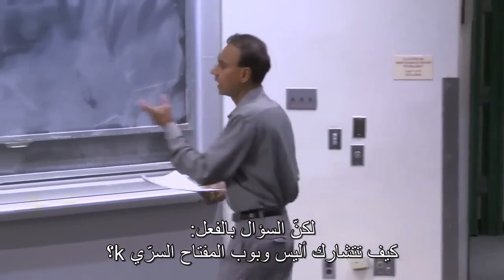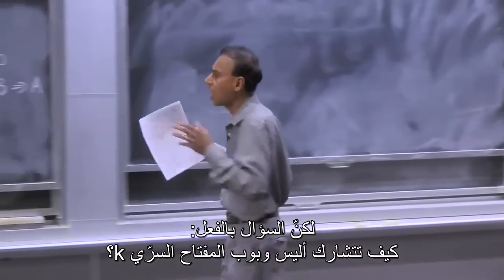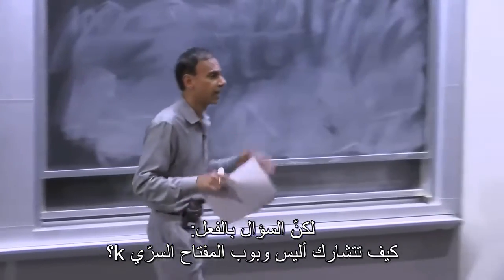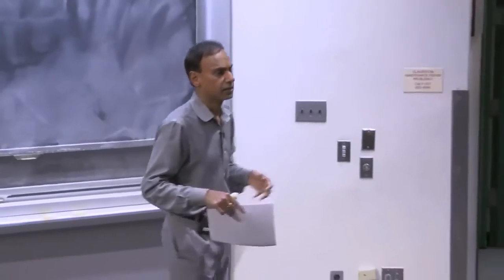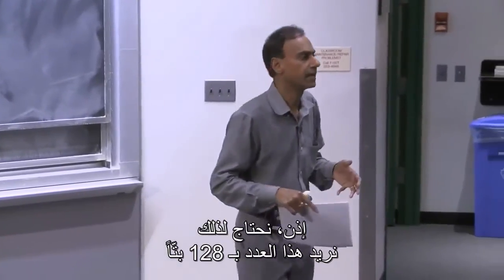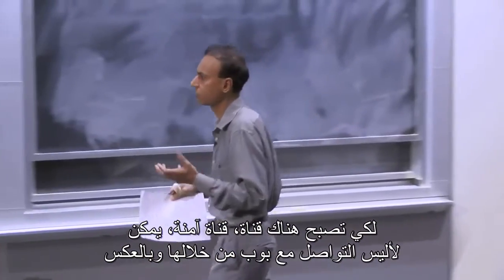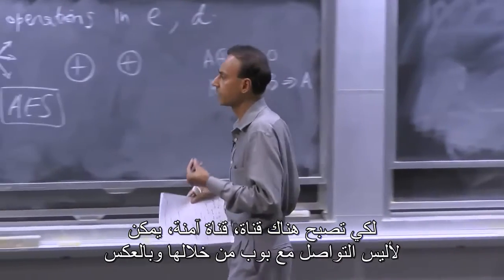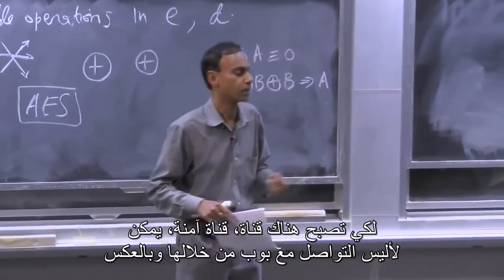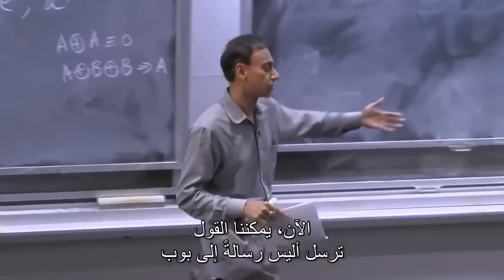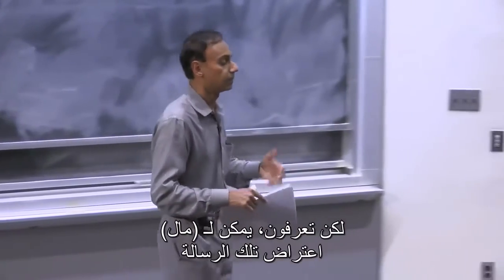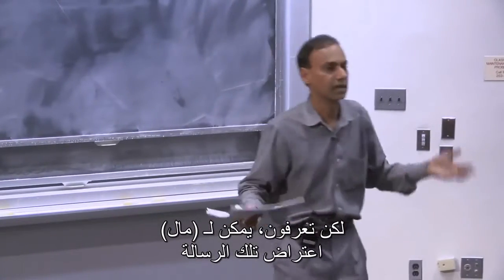But the question really is, how do Alice and Bob share the secret key K? Right? So you need that. You need this 128-bit number in order for there to be a secure channel that Alice can communicate to Bob with, and vice versa. And so now you could say Alice sends Bob a letter, but Mal could intercept that letter.